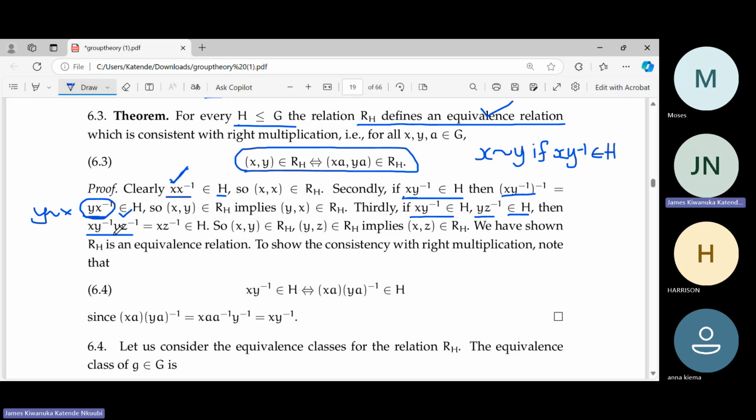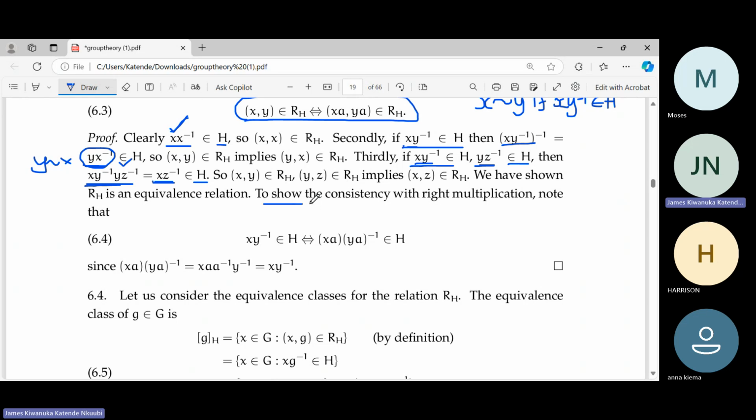So XZ inverse can be written by squeezing in Y inverse and Y here, and these two, XY inverse and YZ inverse, have already been set up as elements in H, so their product must also be in H because H is a subgroup. So this takes us to the conclusion that XZ inverse must be an element of H. This relation is transitive. It is also symmetric and reflexive, and that makes it an equivalence relation.